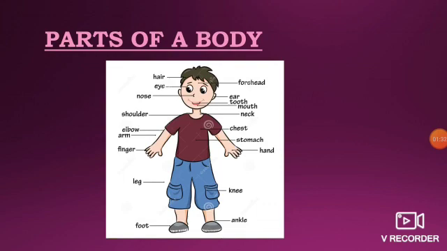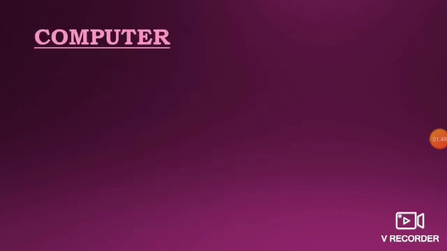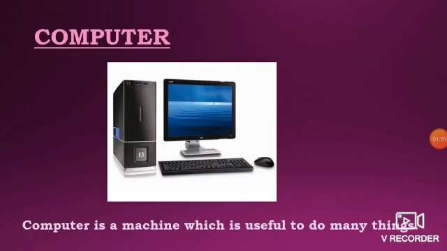For example, by using the eyes we can see things, and by using the hands we can take things. Likewise, the parts of a computer also do different functions. We know a computer is a machine which is useful to do many things.